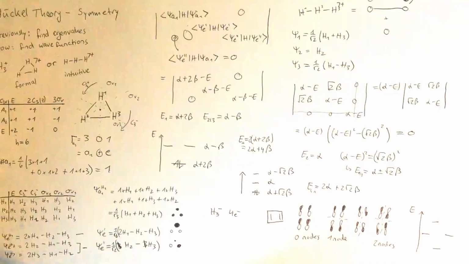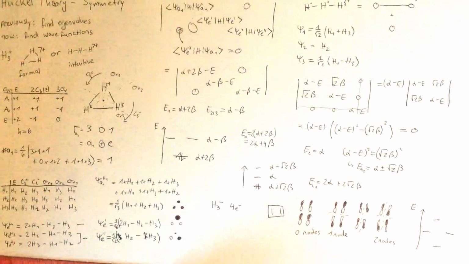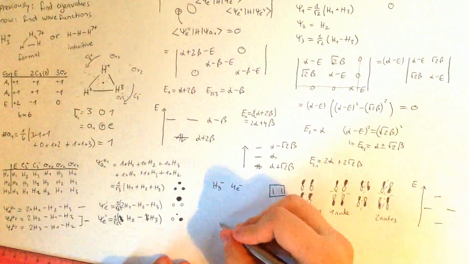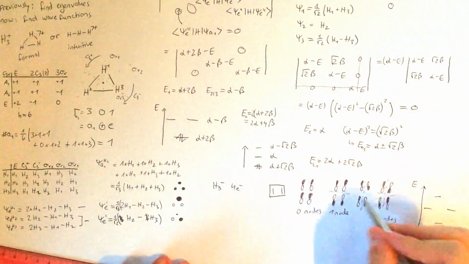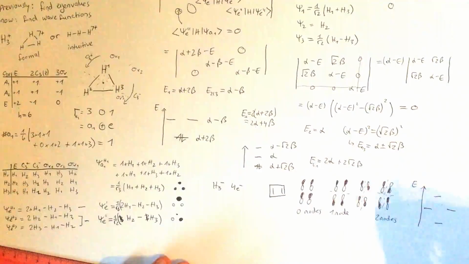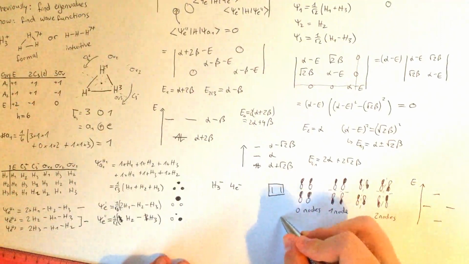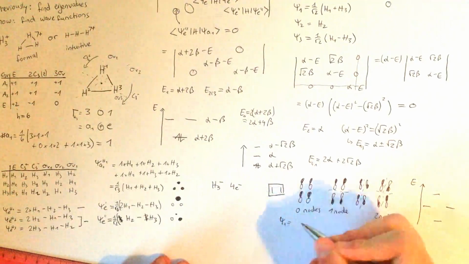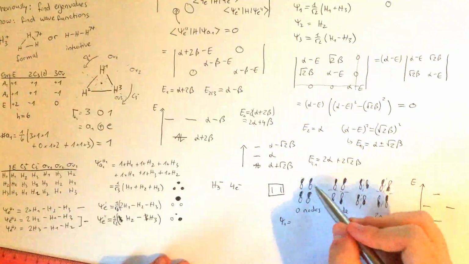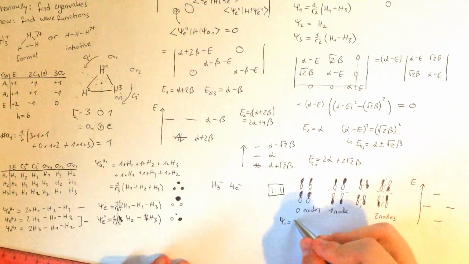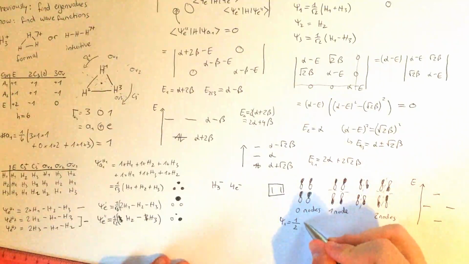Now, if we want to find the energy of all these wave functions we just drew up, we need to write them down explicitly. For the first one, we have all of them in phase and a normalization constant of 1/2.